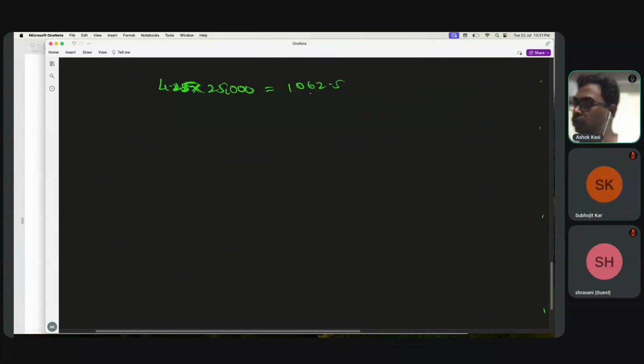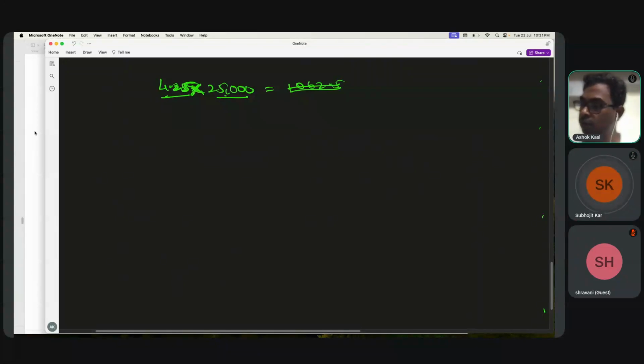What 1062.5? This is 25,000, this is 4.25. How can it be 1062.5? 25,000 into 4 itself will come to 1 lakh, no? It's not percentage, it's multiplication.